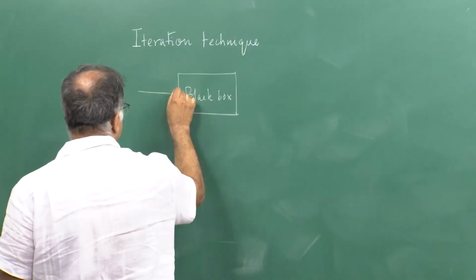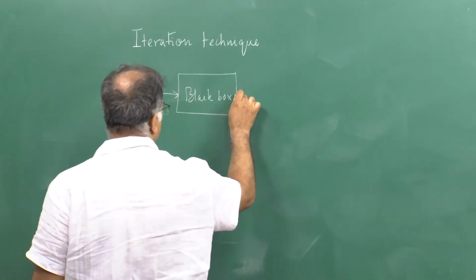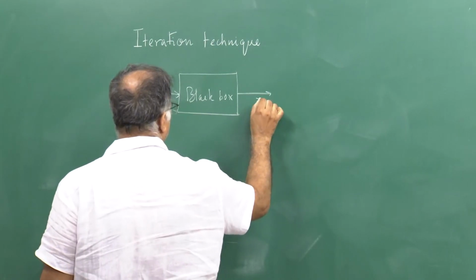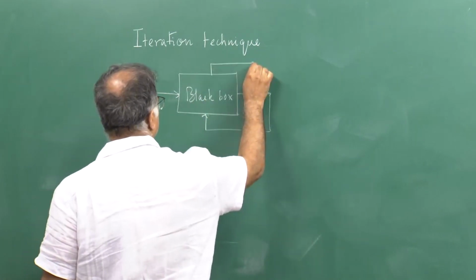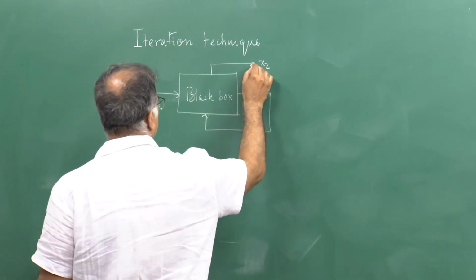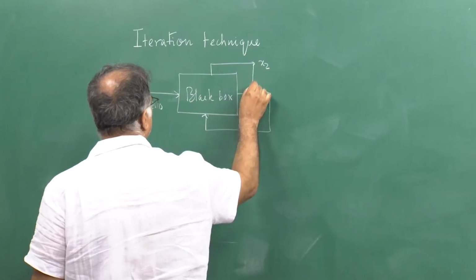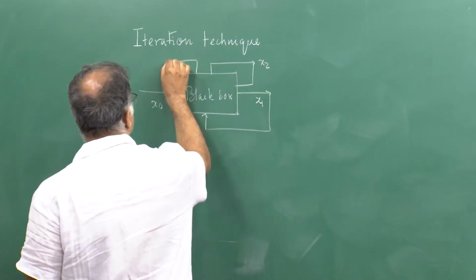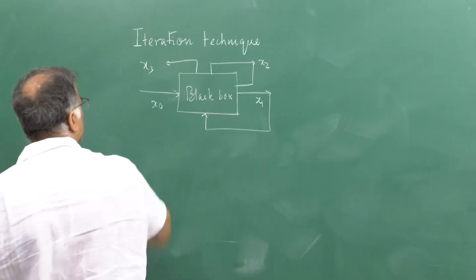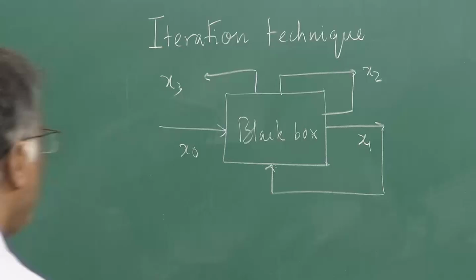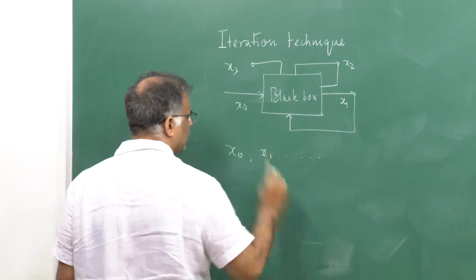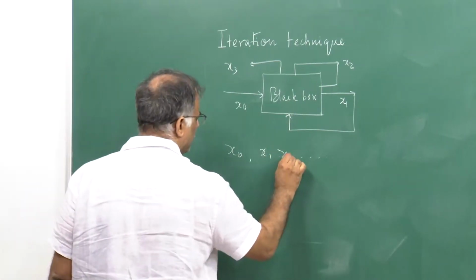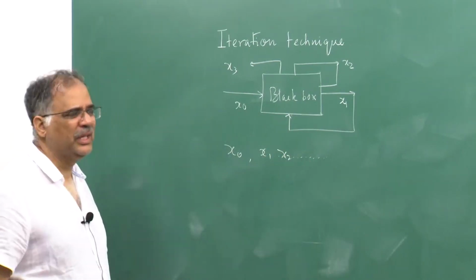So, you put in some x0 and out comes x1, and now you feed back that x1 into the same mechanism and out comes x2, which when you again feed back into the black box, out comes x3 and so on. So, this is called the iteration technique, and by doing so you generate this sequence x0, x1, x2 and so on.